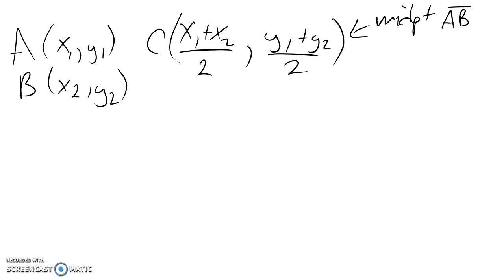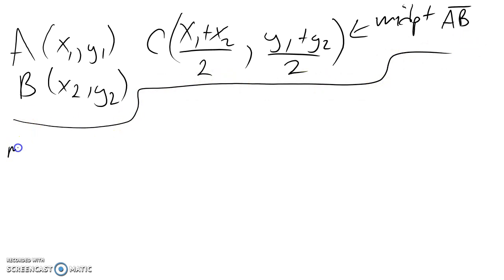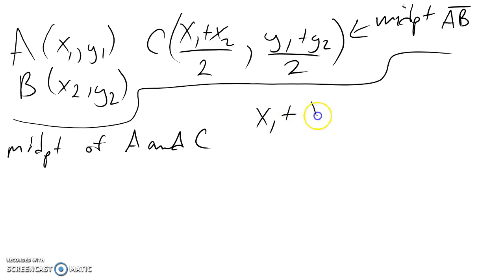Okay, so I'm going to go ahead and section this off so we can be clear about what we're talking about here. If we want to find the midpoint of point A and C, we're just going to apply the same formula. So it's going to be the x-coordinate of A, which is x1, plus the x-coordinate of point C, which is (x1 plus x2) over 2.